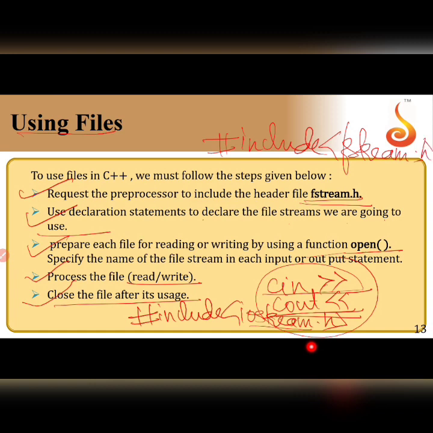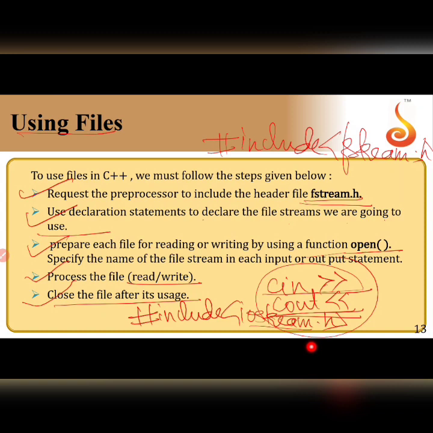And then you need the declaration statements, depending on reading or writing, for the file streams you are going to use. You need to declare the file stream, whether I am using the input stream or the output stream, and fstream.h can work for both input and output.